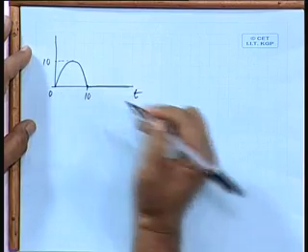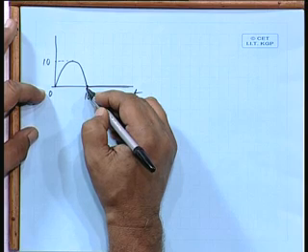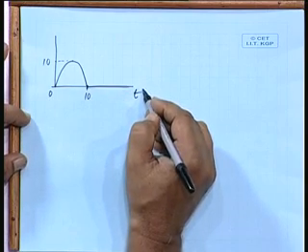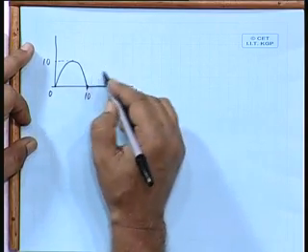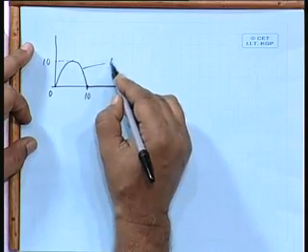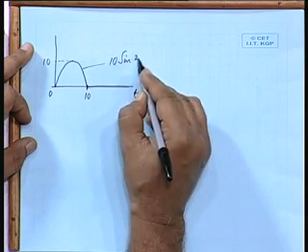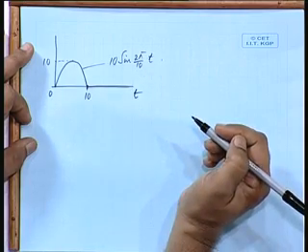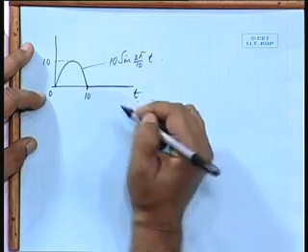This is a sinusoid, just 1/2 of a sinusoid, and the function remains 0 after that. After half the cycle it remains 0. So, this portion is 10 sine twice pi by 10 t. Only this portion is following this.